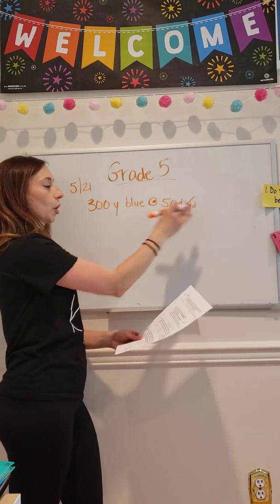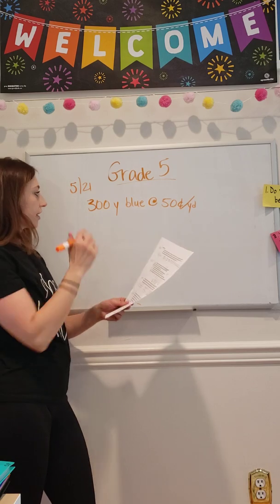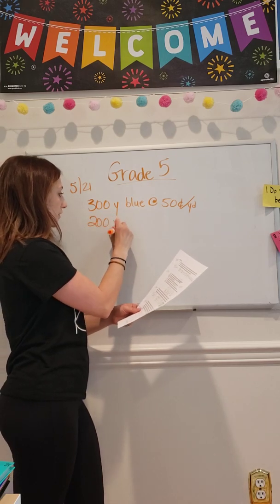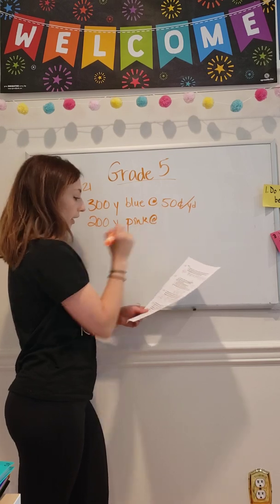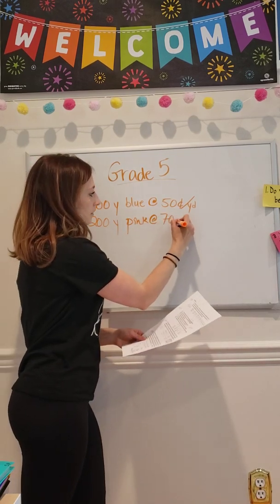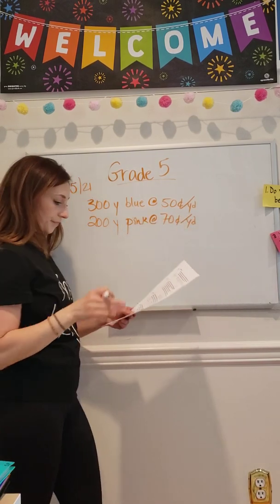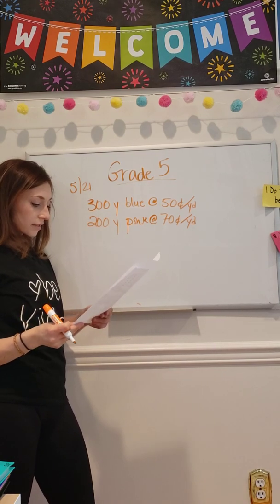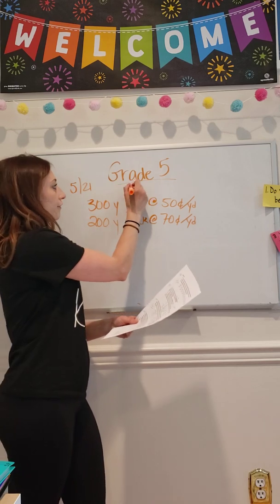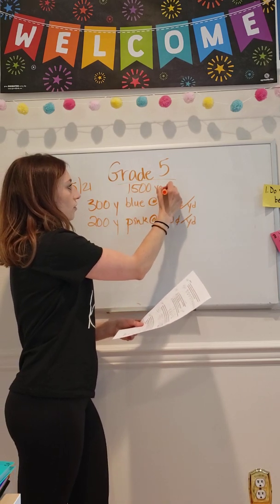That little slash means per, okay? And then she buys 200 yards of pink fabric at a price of 70 cents per yard, okay? She will continue to buy blue and pink fabric in the same quantities until she has her 1,500 yards total.